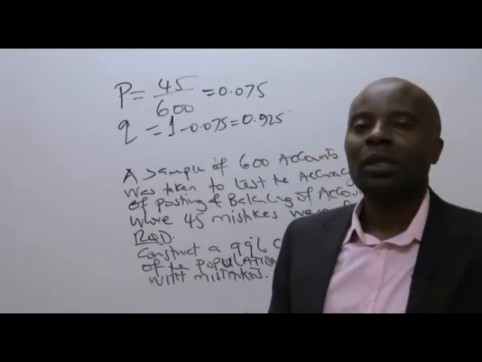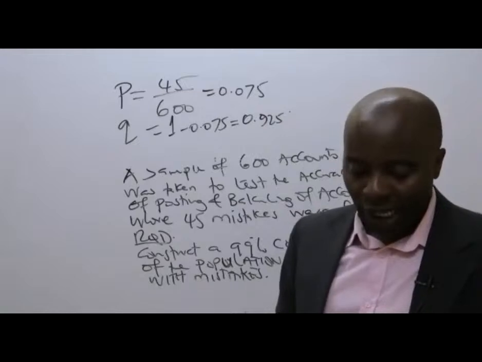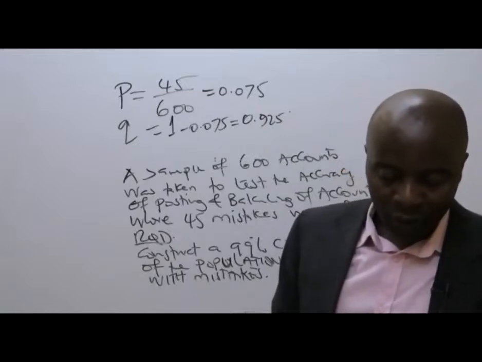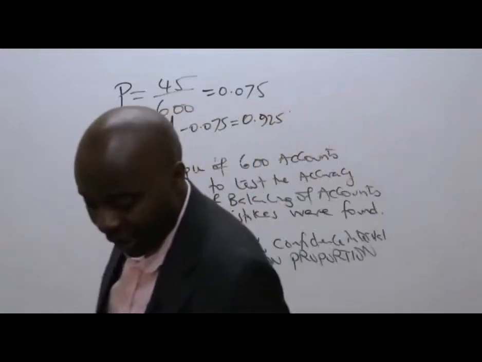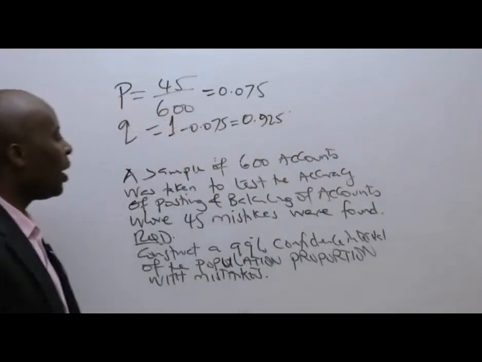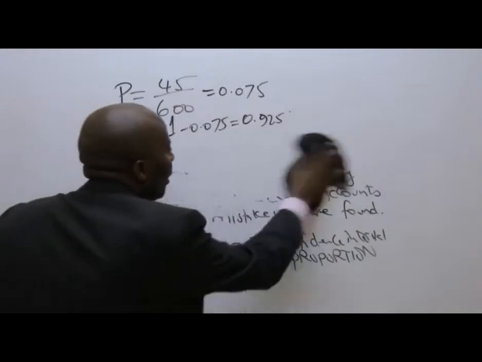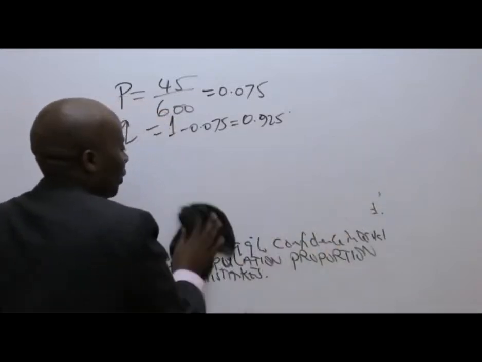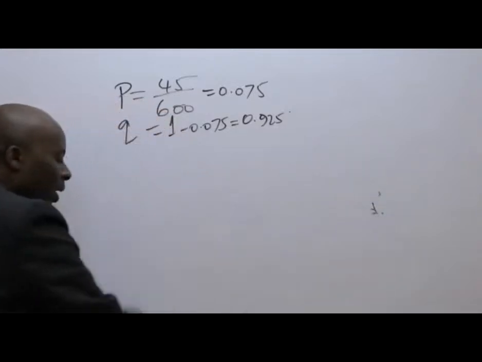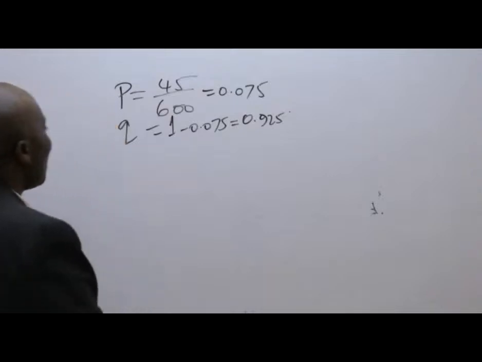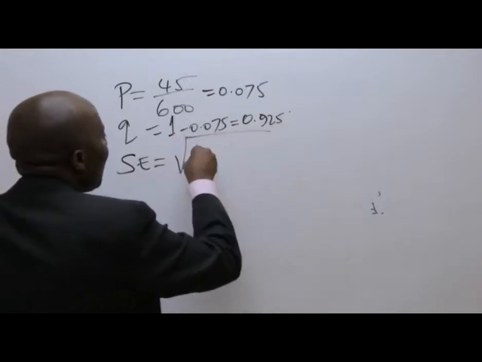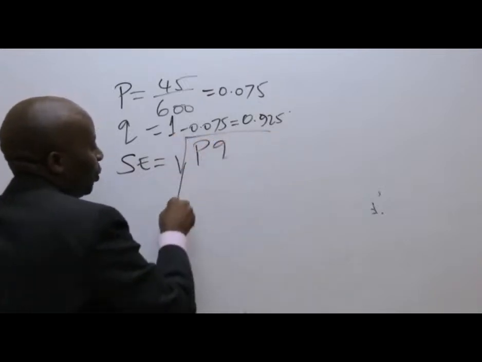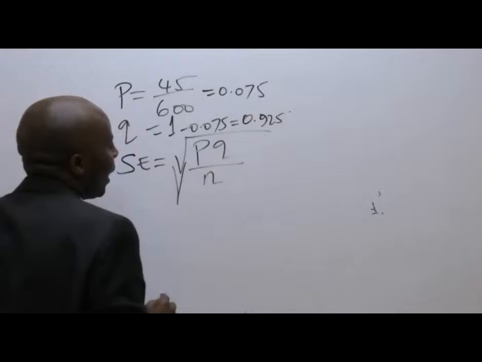Who is able to calculate the standard error for us? The standard error, in the case of proportions, will be obtained by multiplying the two, and then dividing.